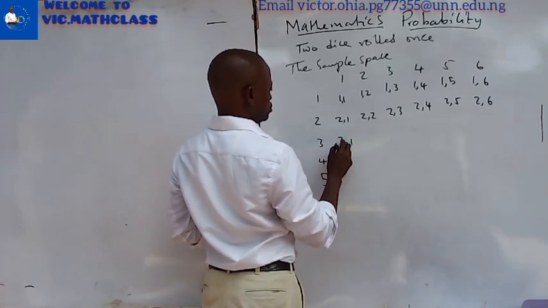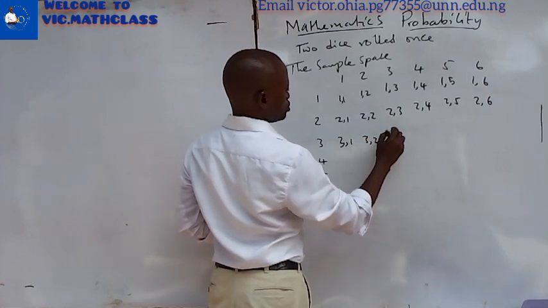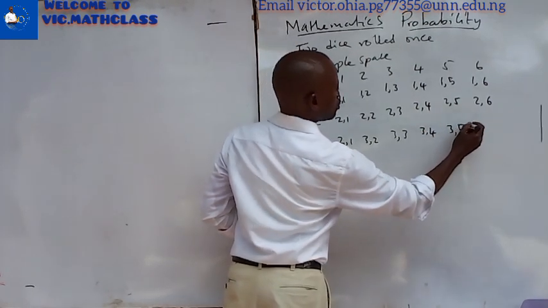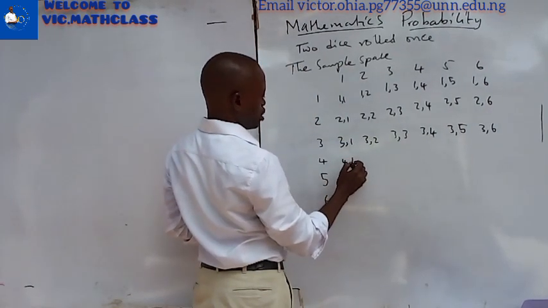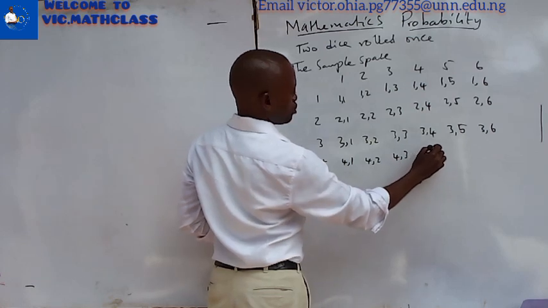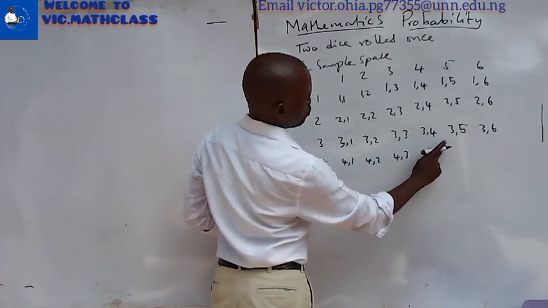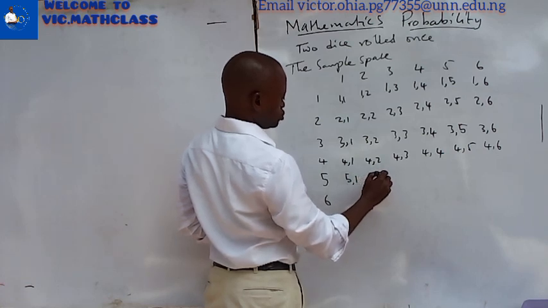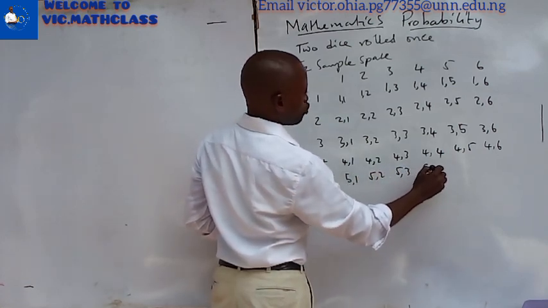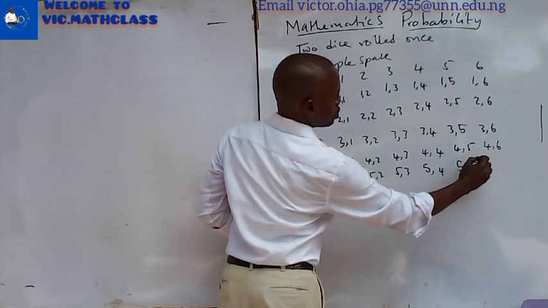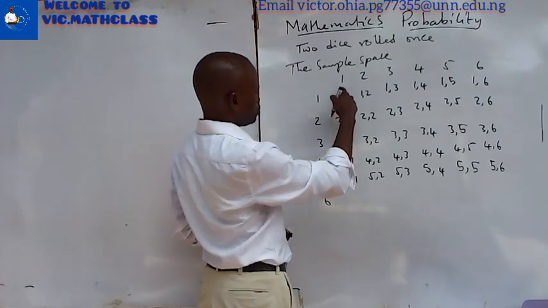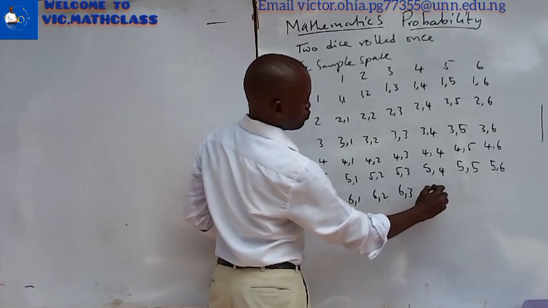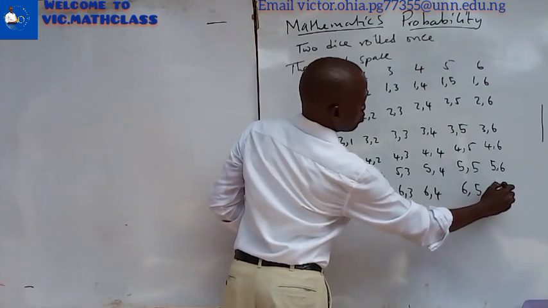It can be 2,1; 2,2; 2,3; 2,4; 2,5; 2,6. It can be 3,1; 3,2; 3,3; 3,4; 3,5; 3,6. It can be 4,1; 4,2; 4,3; 4,4; 4,5; 4,6. It can be 5,1; 5,2; 5,3; 5,4; 5,5; 5,6. It can be 6,1; 6,2; 6,3; 6,4; 6,5; 6,6.